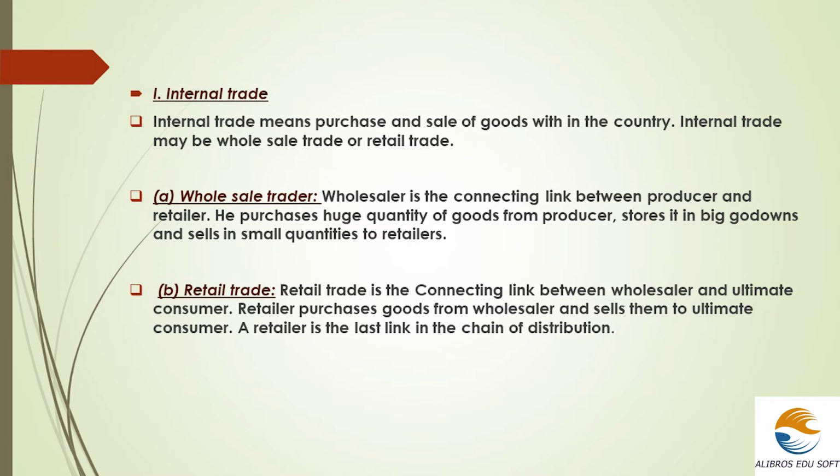Goods and services are produced and they are given to the retailer in huge quantity, because the producer needs to exercise large scale economies. So he makes bulk production of goods and services and transfers that to the retailer, that too in bulk quantities.